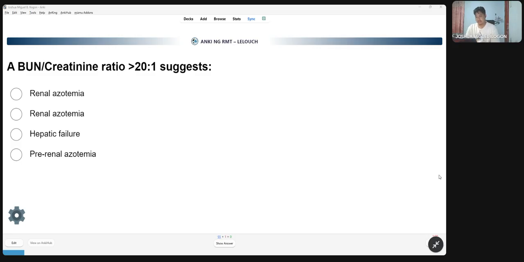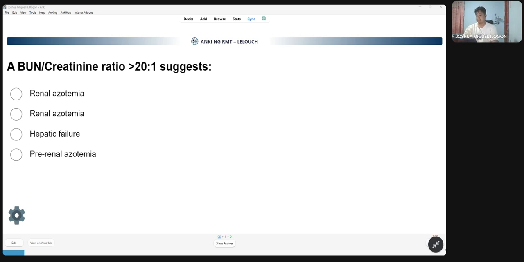If your BUN creatinine ratio is normal and BUN and creatinine are both increased, that's your kidney disease. If your creatinine is much greater, this is your post-renal obstruction, and the ratio is low.